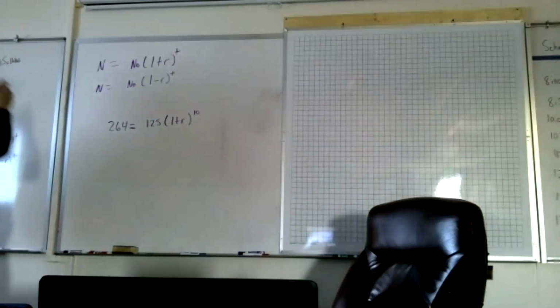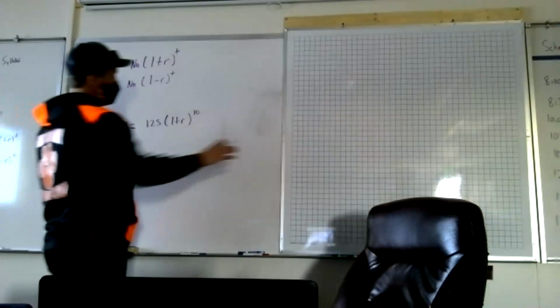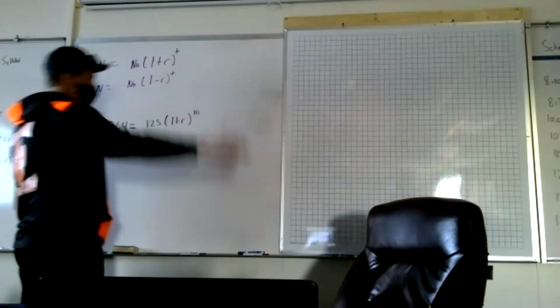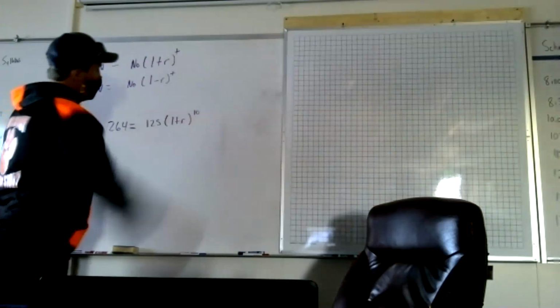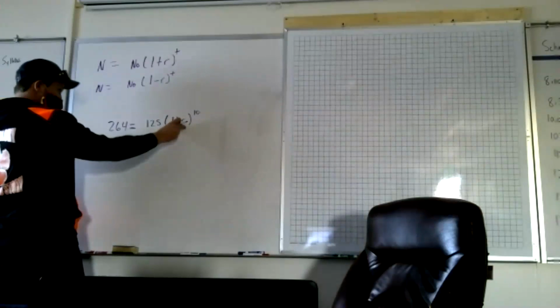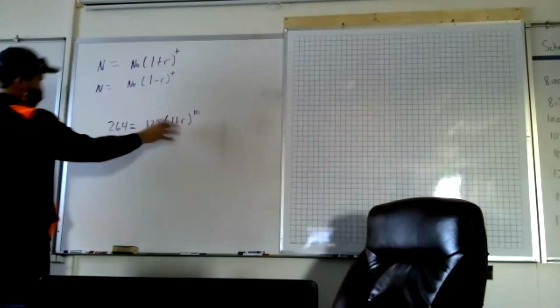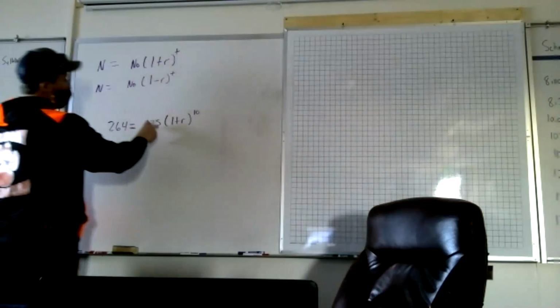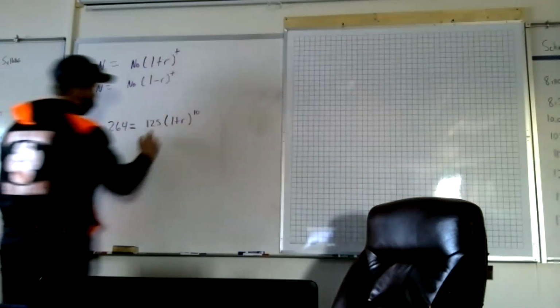So like I said, we have to reverse PEMDAS. Remember, PEMDAS, we would start with parentheses, then our exponents, and multiplication, division left to right, addition and subtraction left to right. So I'm going to reverse that. So I take care of my parentheses absolutely last. The first thing I want to do is isolate those parentheses. So I have to divide by 125 on both sides first.